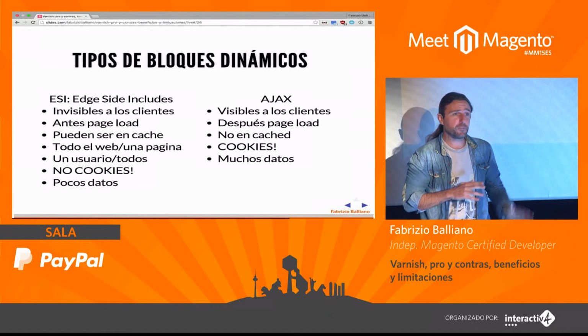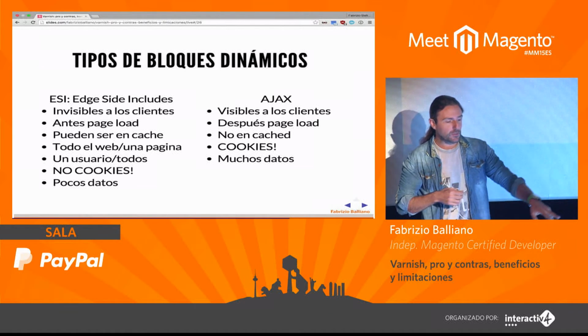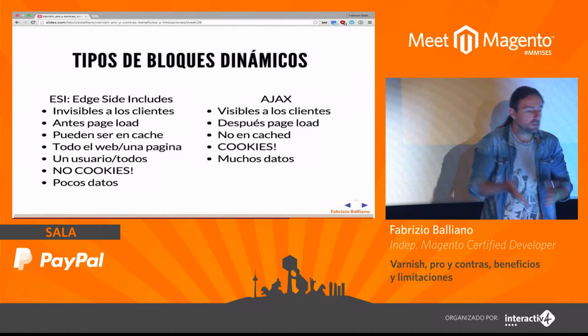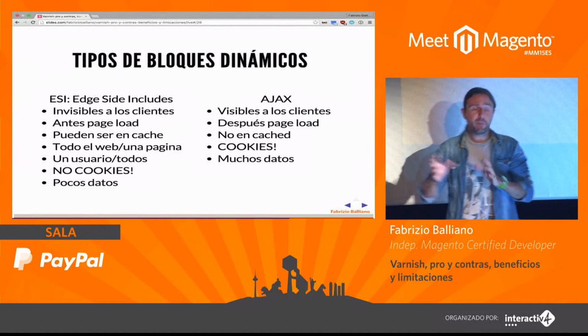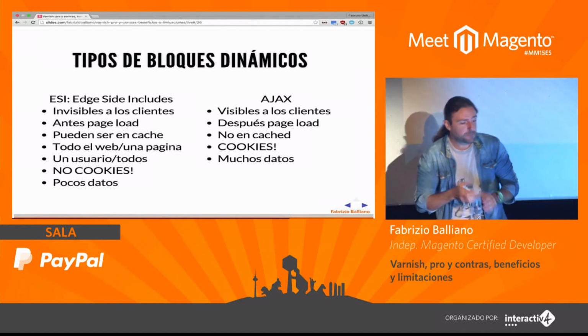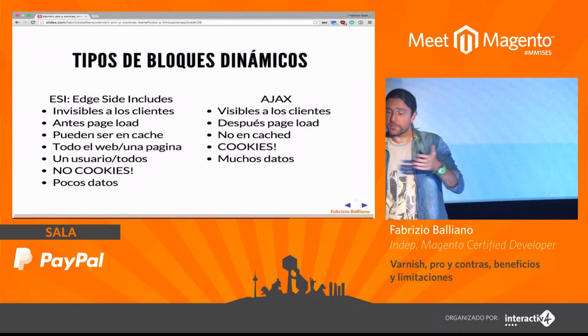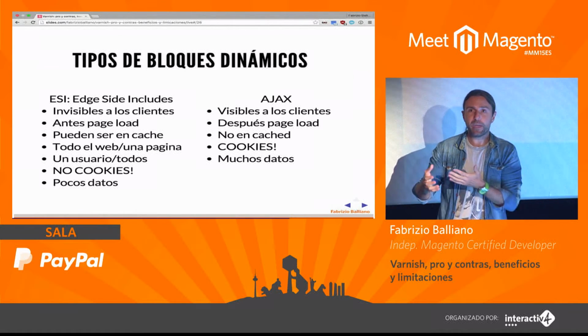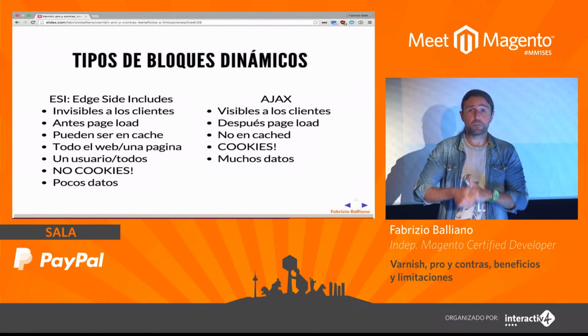The main difference is that the edge-side includes are not visible to the client, to the browser of the user, because everything is made by Varnish before sending the HTML back to the user. And the Ajax one, obviously it's not, because it's made via a JavaScript call.